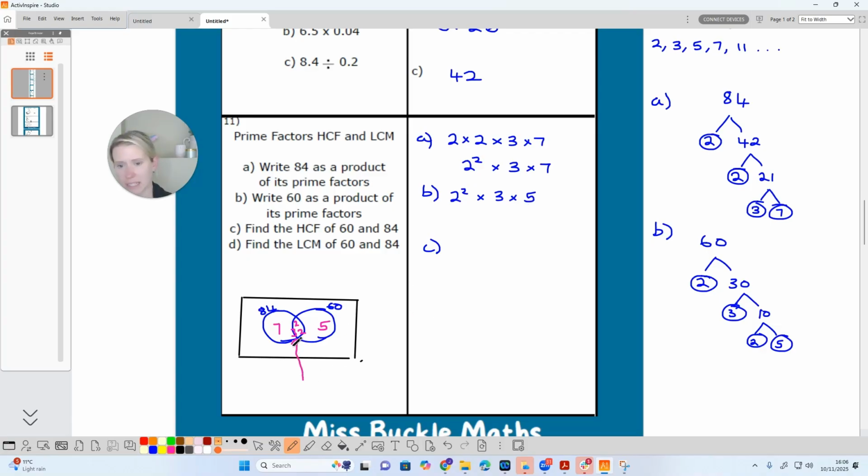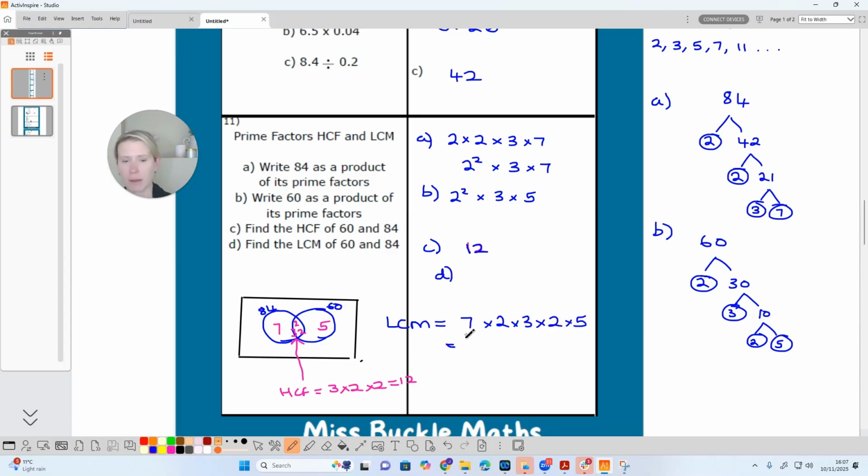Now, the highest common factor is the multiplication of the ones they share in common. So highest common factor is equal to 3 multiplied by 2 multiplied by 2. 3 times 2 is 6, 6 times 2 is 12. And then the lowest common multiple is a multiplication of all of the factors in there. So lowest common multiple is equal to 7 multiplied by 2 multiplied by 3 multiplied by 2 multiplied by 5.